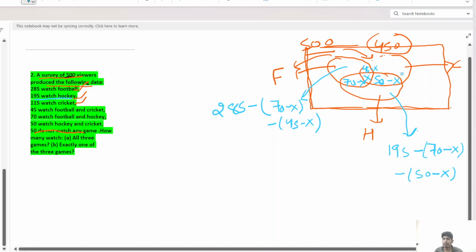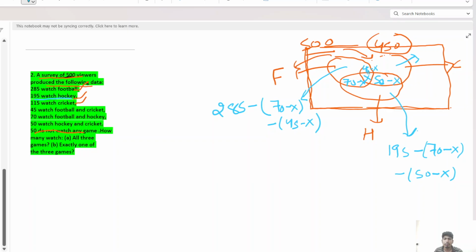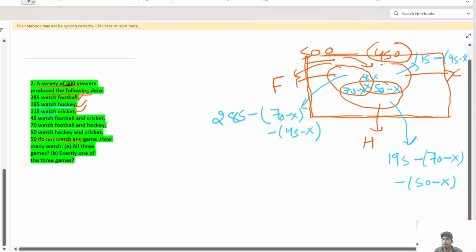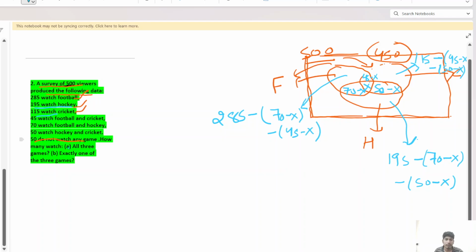For cricket, 115 watch cricket, so it is 115 minus (45 minus x) minus (50 minus x). What is asked in the question is the value of x, those who watch all three games.